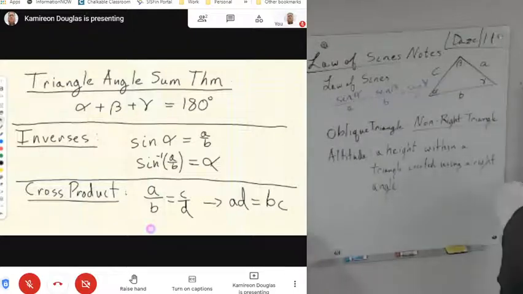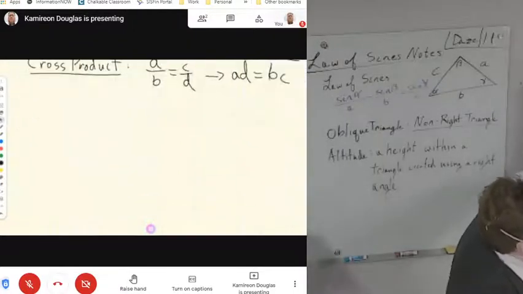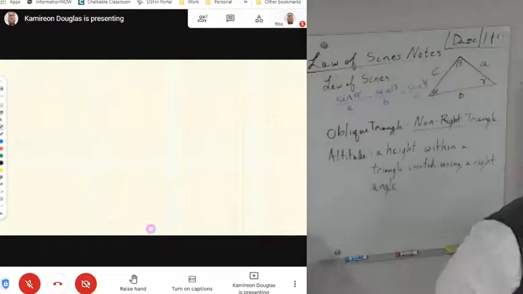Alright, let's look at the first problem. I'm going to use the book problem. Here's my triangle.